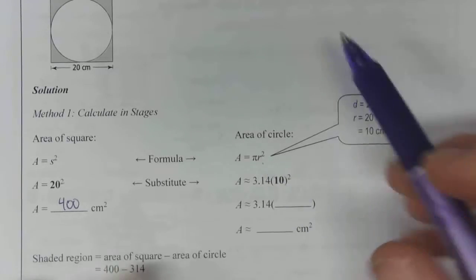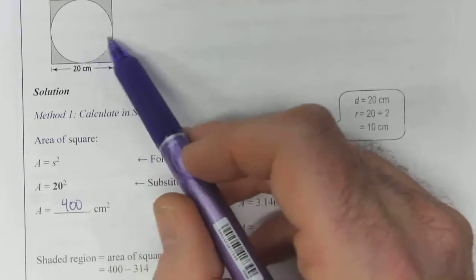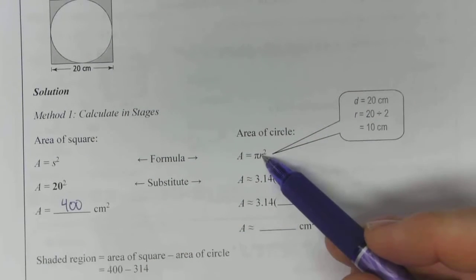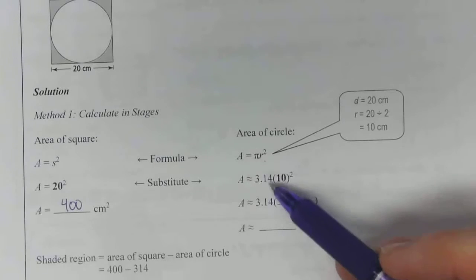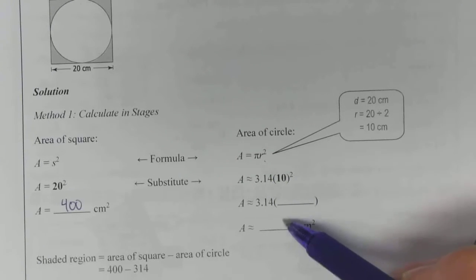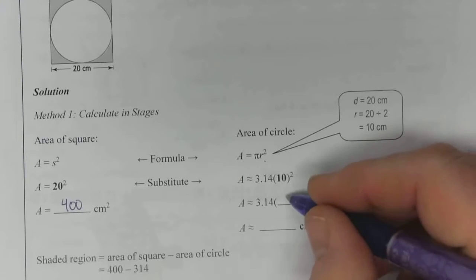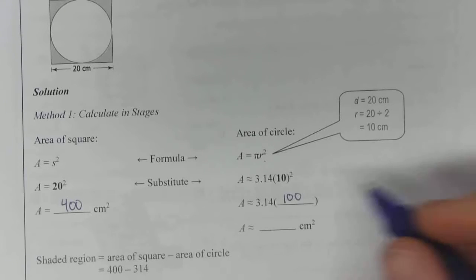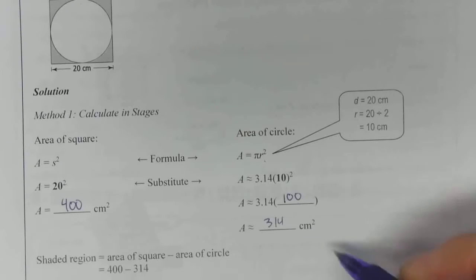So as I said, we knew that the diameter was 20, so the radius is half of that, so it's 10. So we're going to substitute 10 for r. So it's 3.14 for pi times 10 squared. So 10 times 10 is 100, so we can fill that in there. And then 3.14 times 100 will give you 314 centimeters squared.